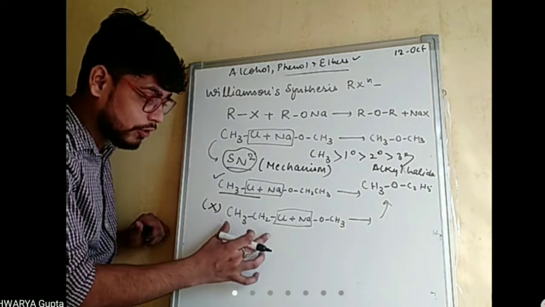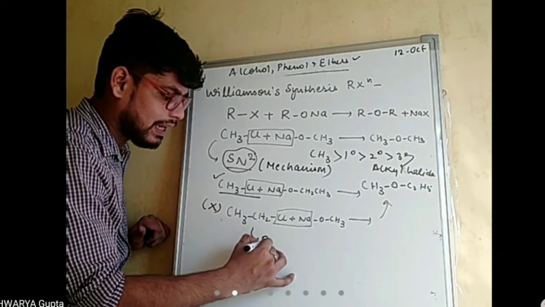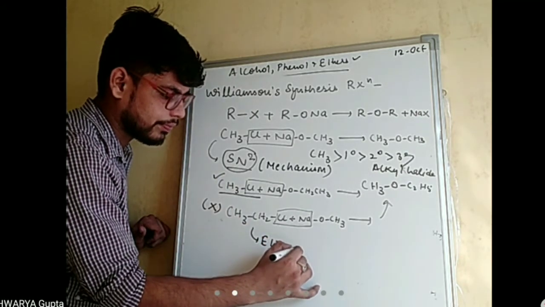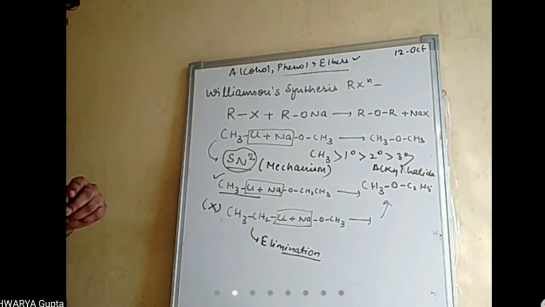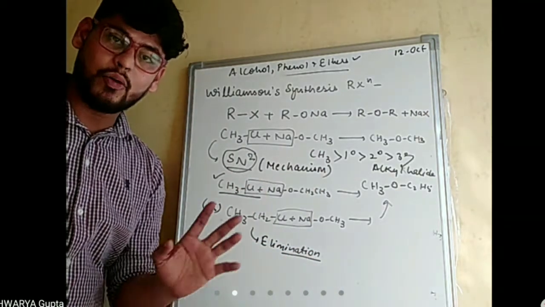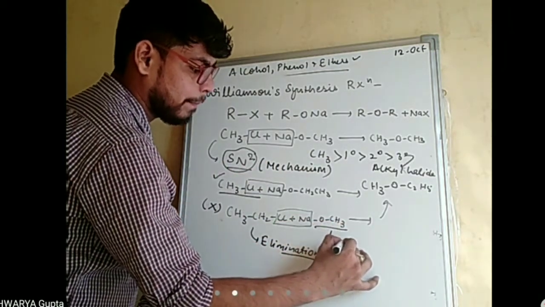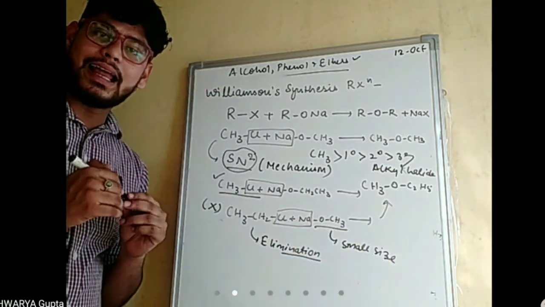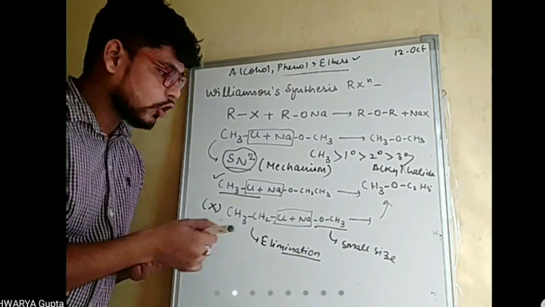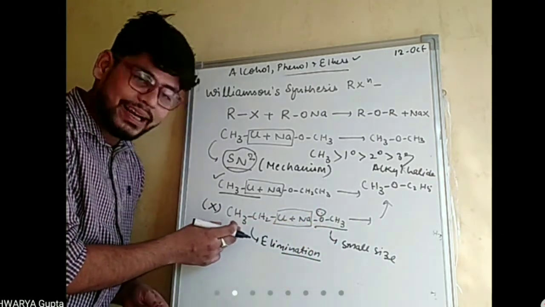What will happen if we take this as a reagent? In this case again the elimination will occur. Why and how will elimination occur? Because this alkyl group is small in size, na? So it will be easy for it to abstract the proton.